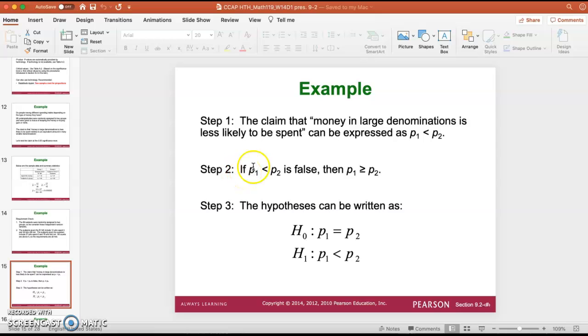If this one is false, then that must mean that the spending proportion for dollar bills is greater than or equal to the spending proportion for coins. Then when you make the hypotheses, we'll see a similar theme again where our null hypothesis should always involve equals somehow. So we have p1 equals p2. And then our alternative hypothesis, being our claim this time, is that the proportion for dollar bills spent is less than the proportion for coins spent.